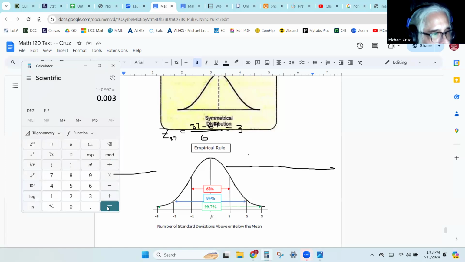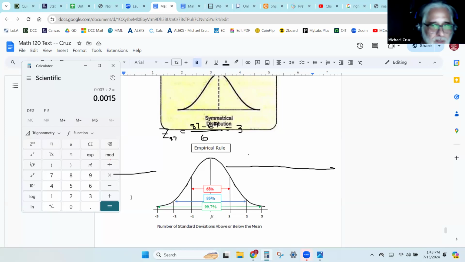Okay. So if I want half of that, which is the half on the top, then it's 0.0015. So that should be your answer right there.